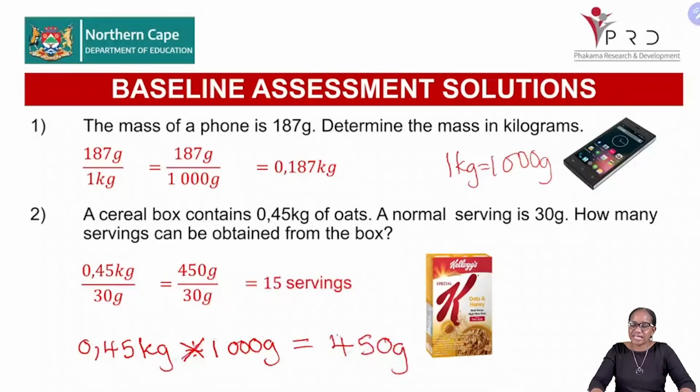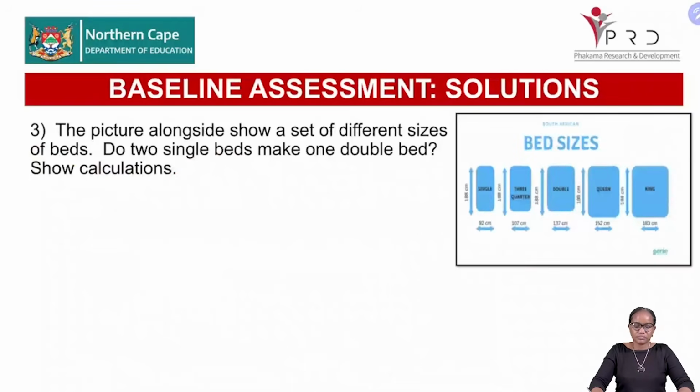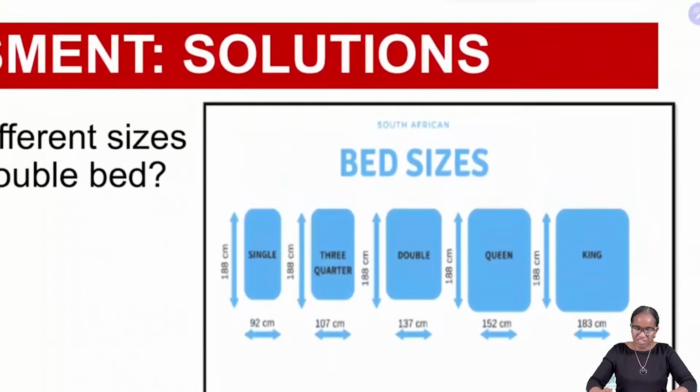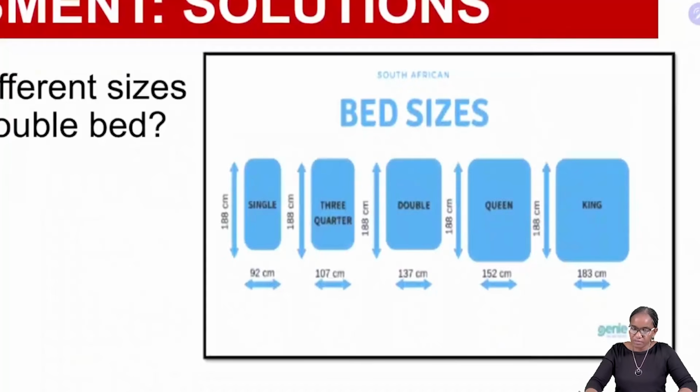Let's move to the next one. Number 3. The picture alongside shows a set of different bed sizes. Do 2 single beds make 1 double bed? Let me zoom this for you. As you can see, the bed sizes are of the same length.